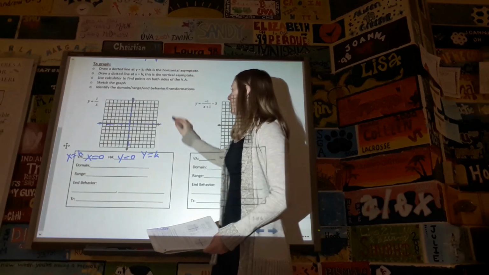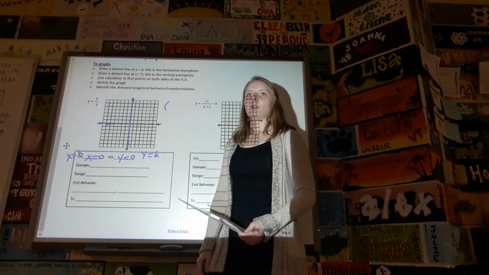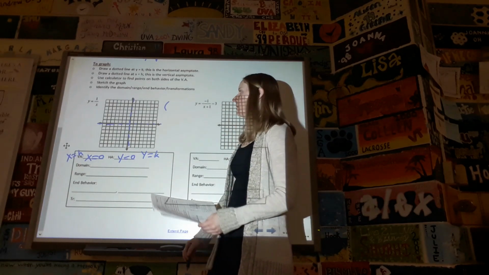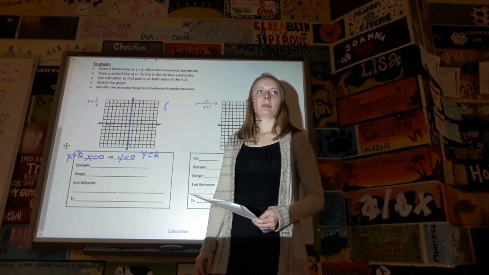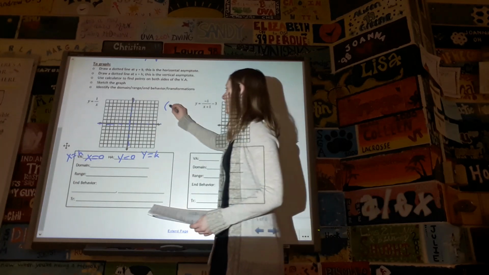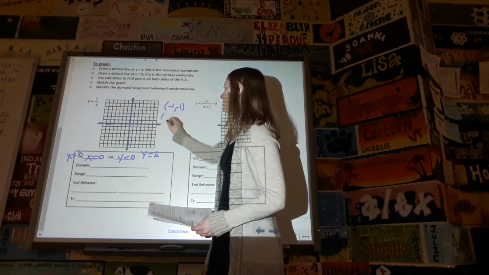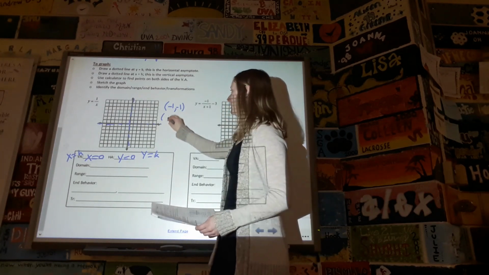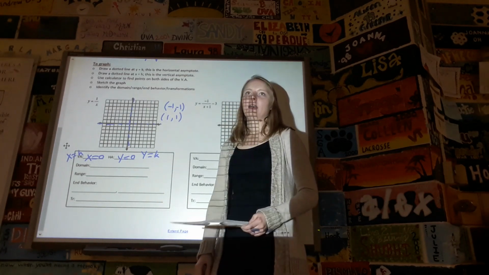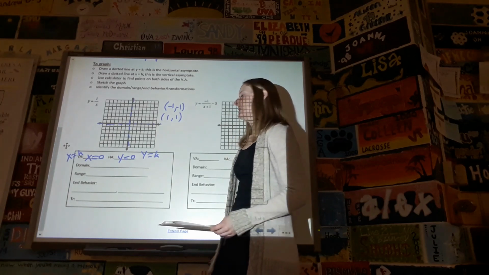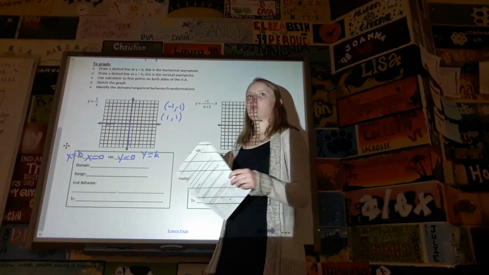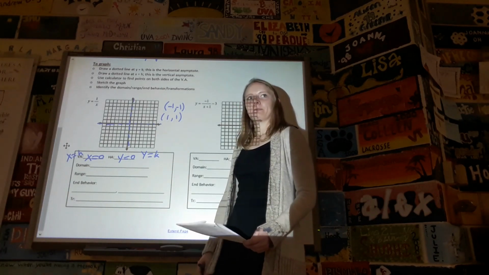Okay, so what are some points that you see in your table there? Okay, so that's a nice one. What's another one? Okay, now those are the only ones you are going to find with round, nice whole numbers. So I want you to expand a little bit into the 0.5s.